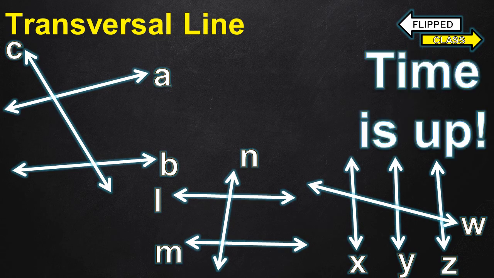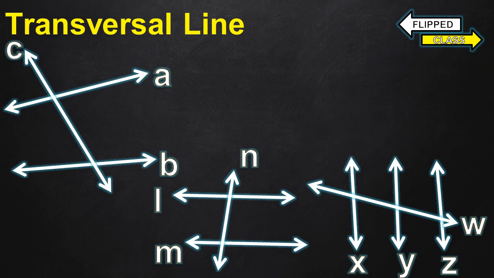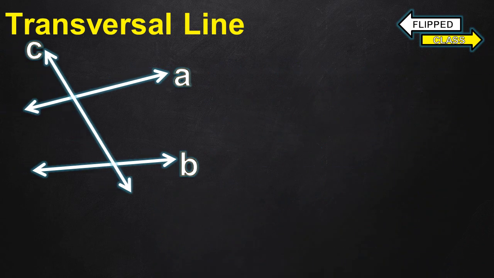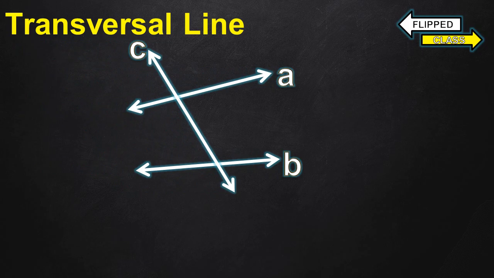Time is up. Now, what do you think a transversal line is? Take a look at C, N, and W. As you can see, they have a similar concept: these lines intersect 2 or more lines at different points. Let's take note of this one.